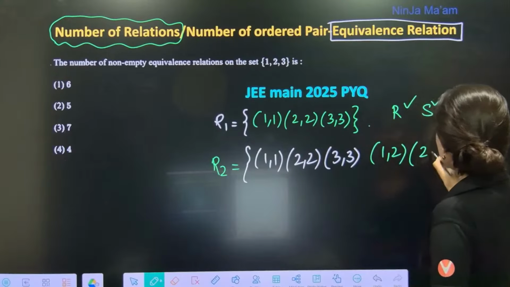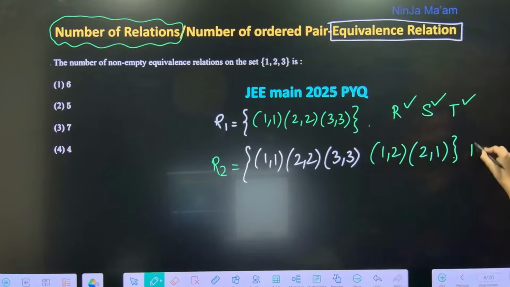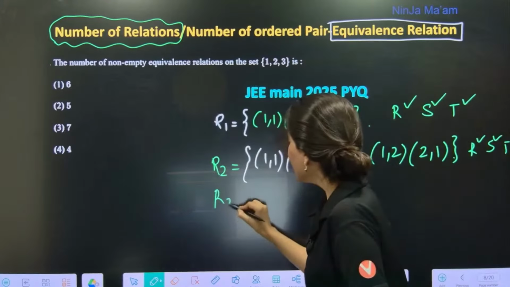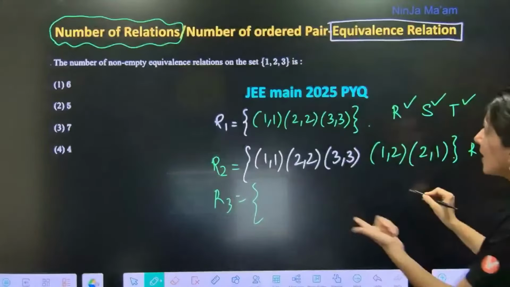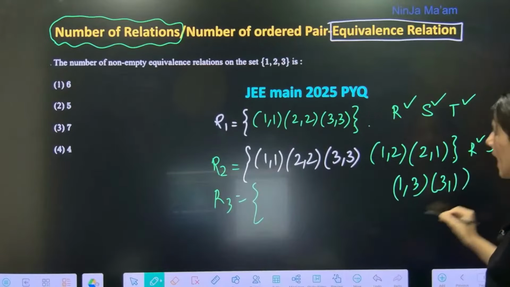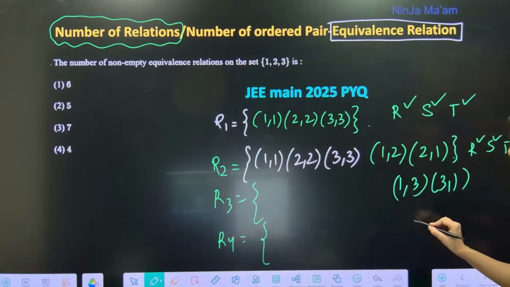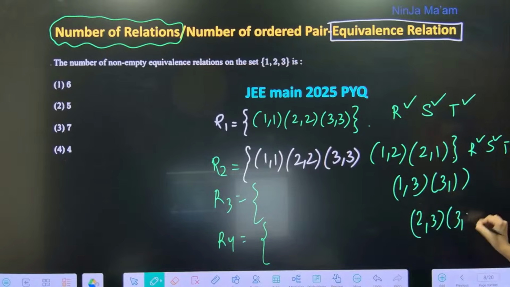So you need to add (2,1) as well. So this is reflexive, symmetric and transitive. R3 will have the same pattern, but this time rather than (1,2), I'll be adding (1,3) and (3,1). And R4 will have the same pattern, but this time I will be giving (2,3) and (3,2).